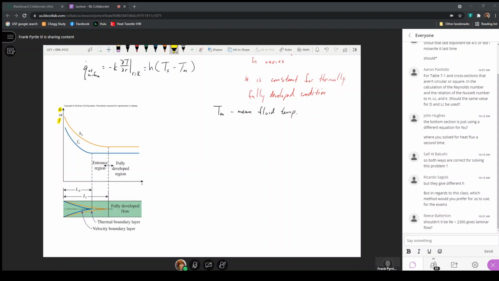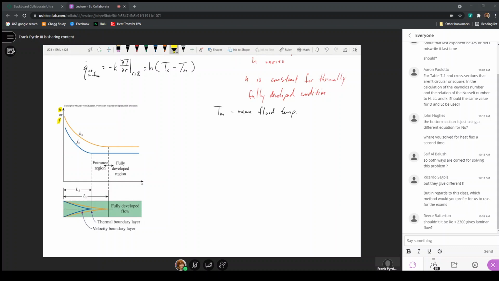And here, this orange line is an expression of the heat transfer coefficient. It's infinite at x equals 0, and it decreases until we get to the beginning of the thermally fully developed condition, and then it becomes a constant. That's one of the characteristics of the thermally fully developed condition, that the heat transfer coefficient becomes a constant.